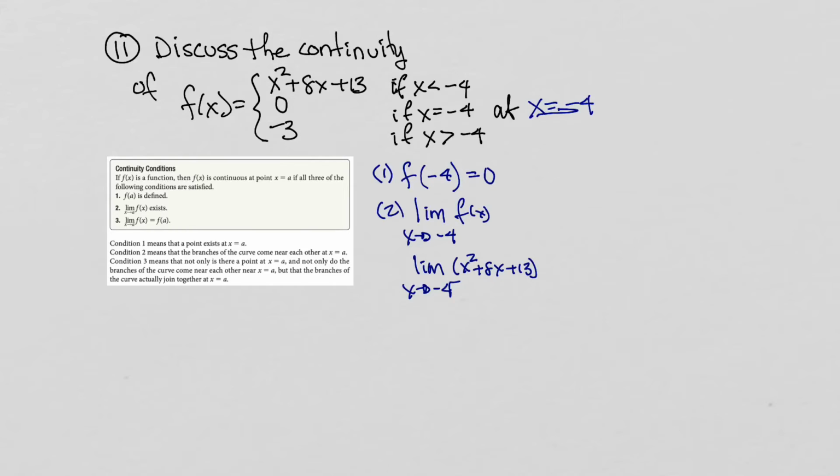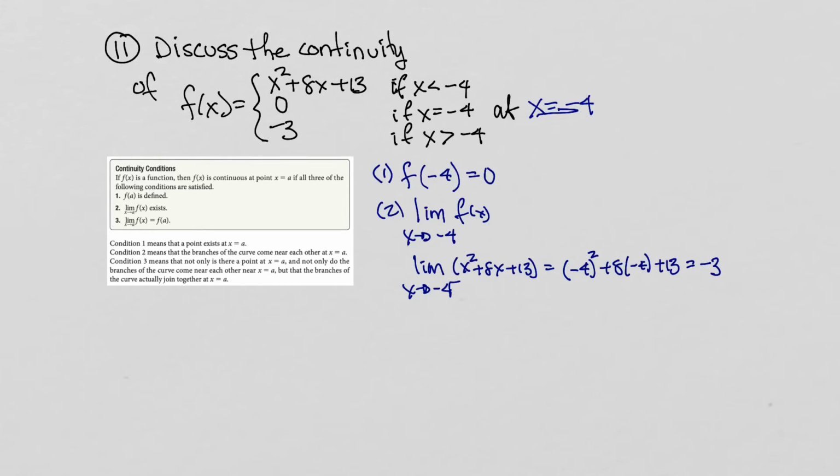Because this is a polynomial function, we can just substitute: (-4) squared plus 8 times -4 plus 13. When I computed that, I got -3. So as we approach -4 from the left, we are approaching -3.